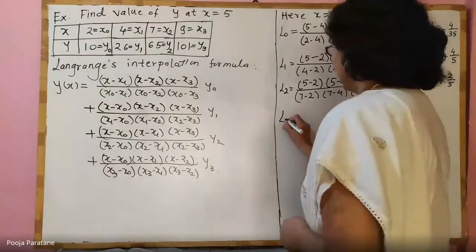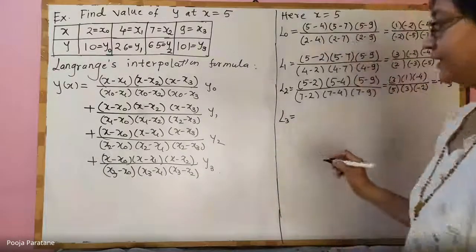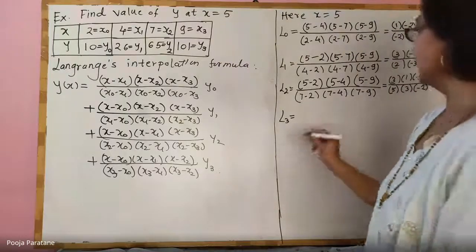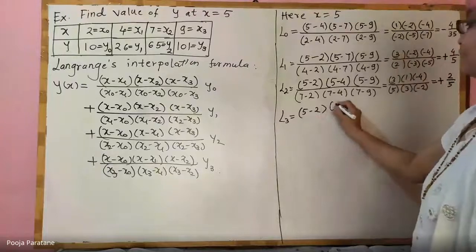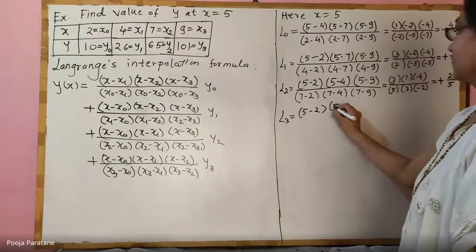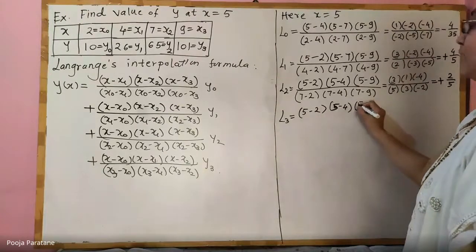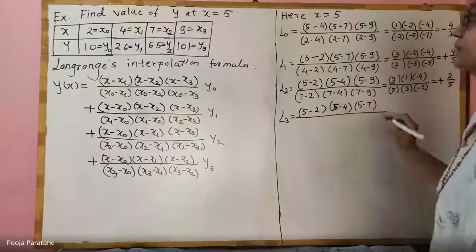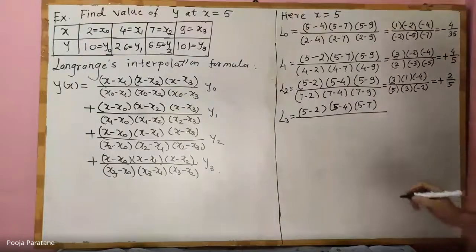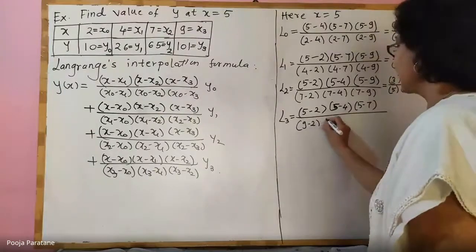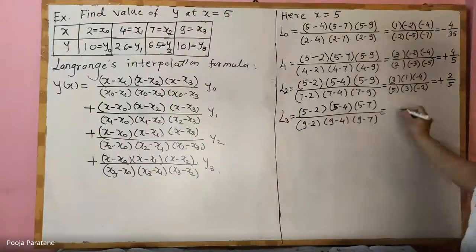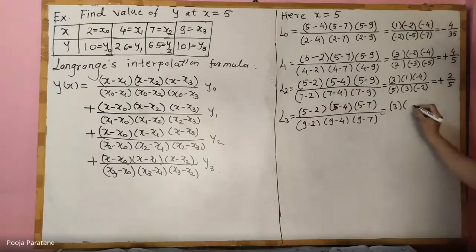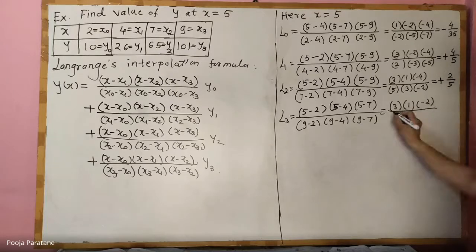Then L3. Now here we are calculating it related to x3. So 5 minus 2, x is equal to 5, 5 minus 4, 5 minus 7, upon, now x3 equal to 9, 9 minus 2, 9 minus 4, 9 minus 7. Let me write it here: 3, 1, minus 2, and then here 7.